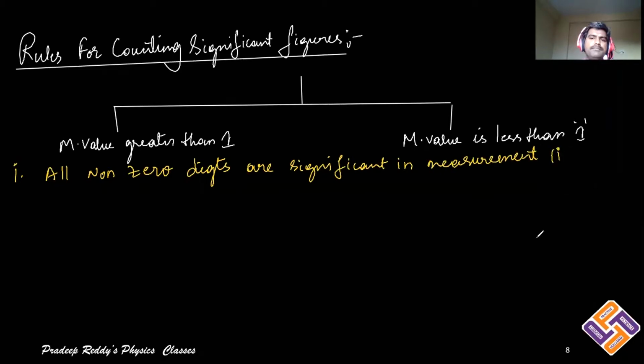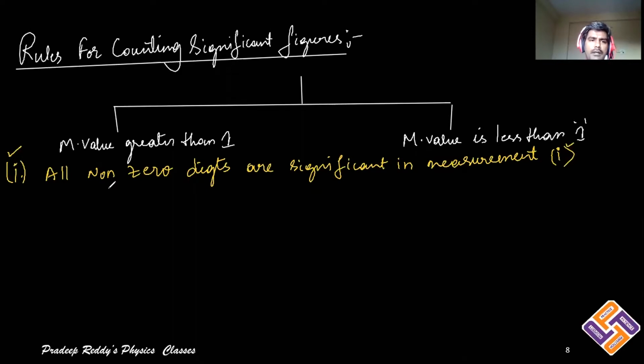This is the first one, and it is common for both. That's the reason I have written 1 here and 1 here. The first point is common for both rules, whether the value is greater than 1 or less than 1. All non-zero digits are significant in the given measurement.